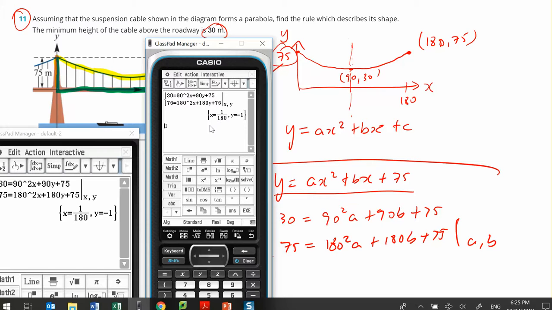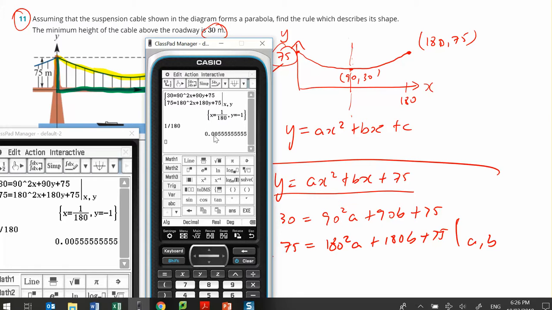As we can see, my A value is 1 on 180, and my B value is negative 1. Now, remember that weird E number we got using the regression tool or spreadsheet tool? Let's check what that number actually is as a decimal.